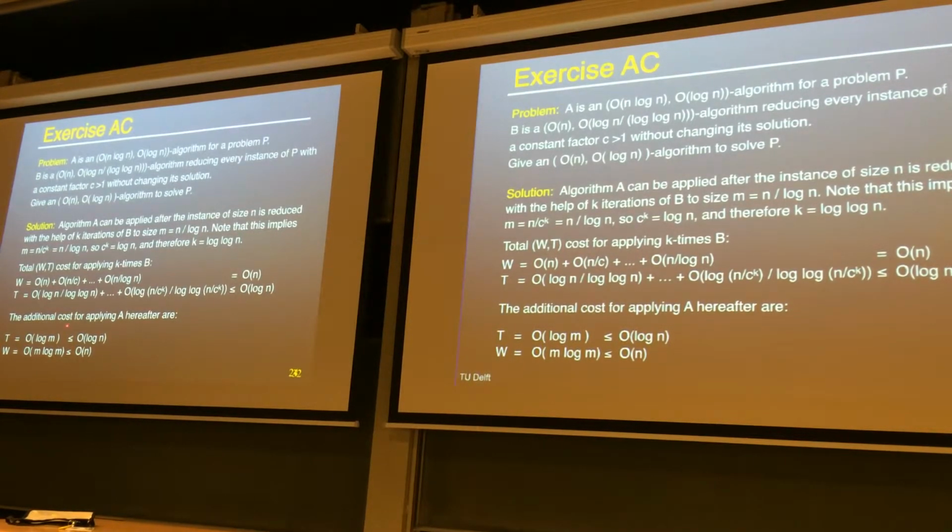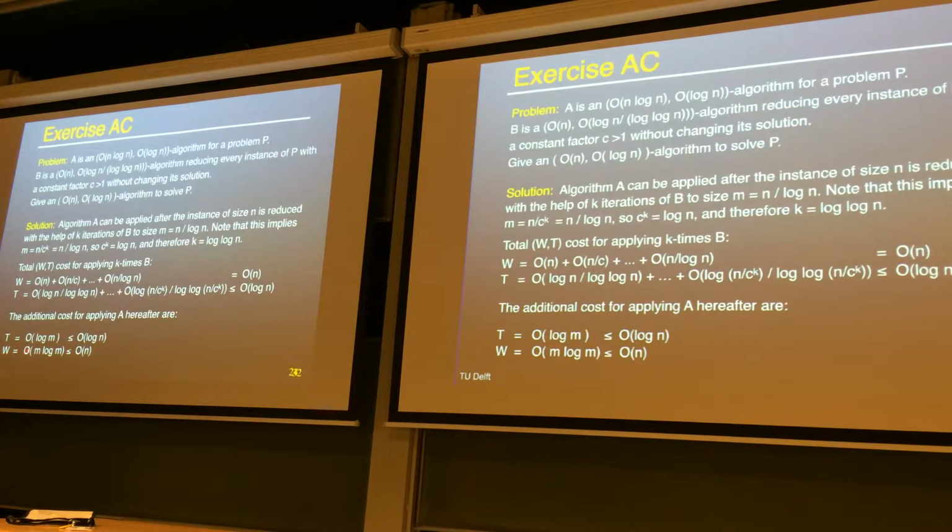So the additional cost for applying A after this is T, the O of log n. That was the algorithm A, so that's the O of log n. And W is the O of m times log n. Well, m equals n divided by log n, so this means n divided by log n times log n. m is smaller than n, so that effectively means the O is dominated by the O of n.